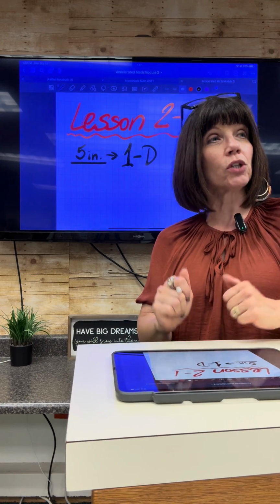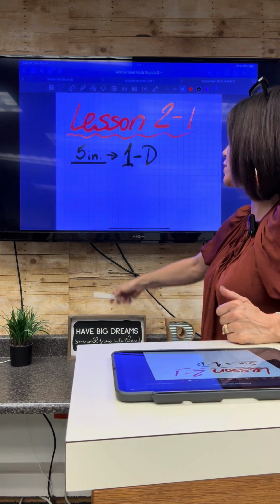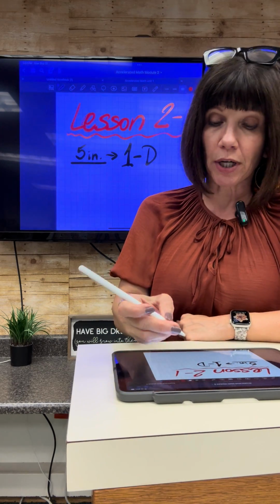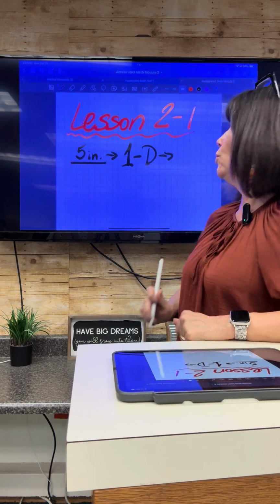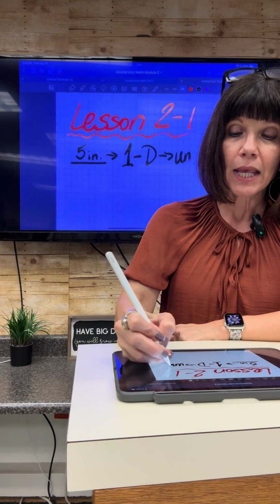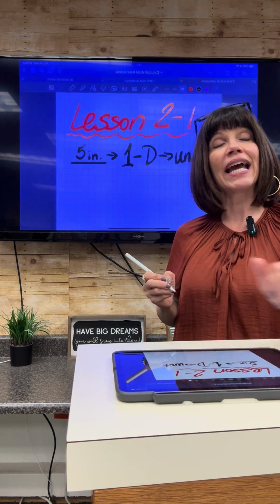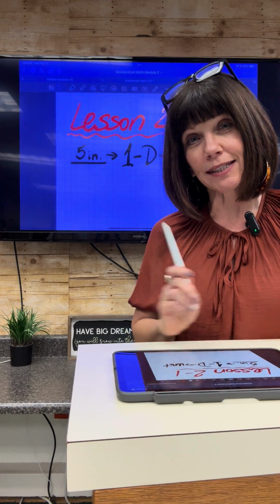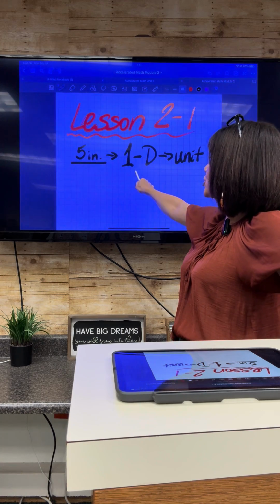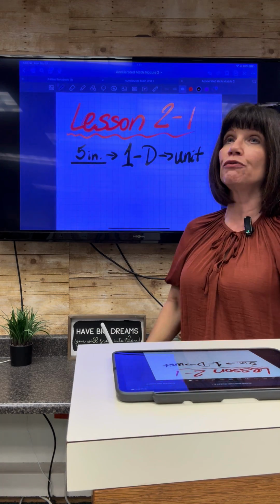We're only measuring how long something is when we measure the length of this line. So if we were to write it down, we would only write the label of the units. Whenever you have a linear measurement, it is a one-dimensional measurement, and it always has a label of units.